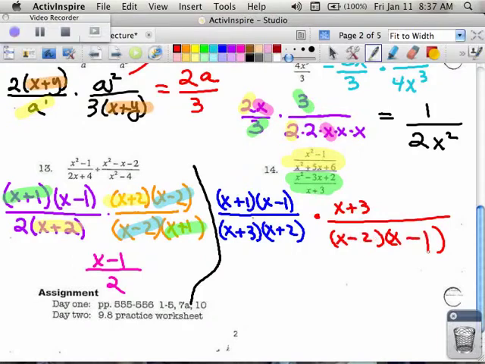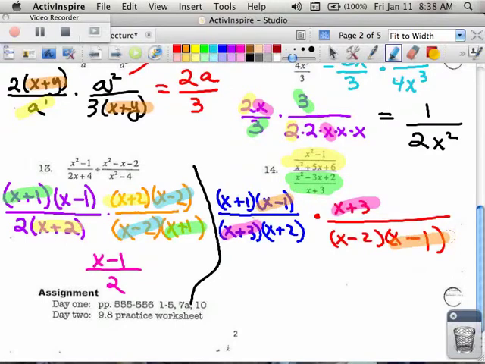Because that's the only thing that will produce a positive 2 for a constant, but a negative 3x. And now I can start reducing things. So I look to top and bottom. I see the x plus 3's go away. I look top and bottom, and I notice that the x minus 1's go away.